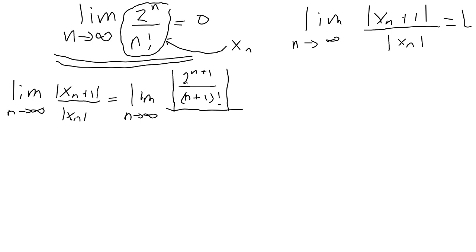You don't have to because it's a positive result since n is a natural number, but put it for the first part at least, over 2 to the n over n factorial. So let's simplify this. Matter of fact, I won't even simplify. I'm going to go very slowly so you can see what is happening. Put the like terms together.